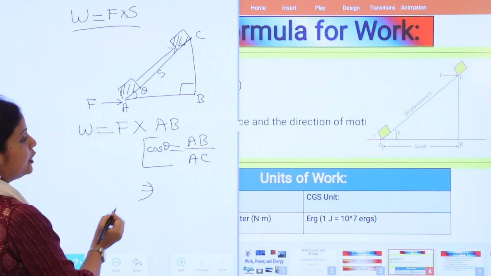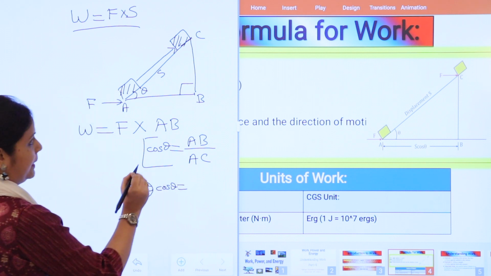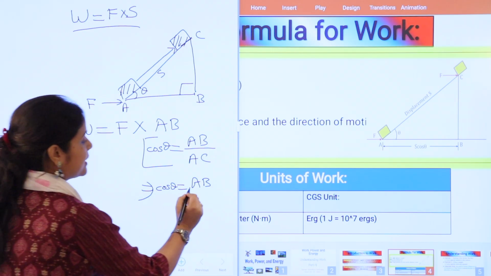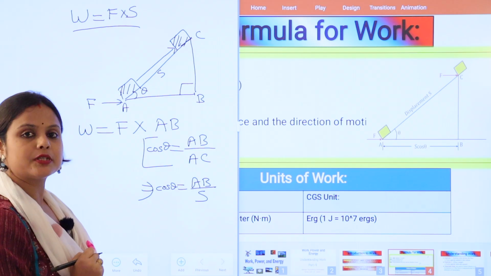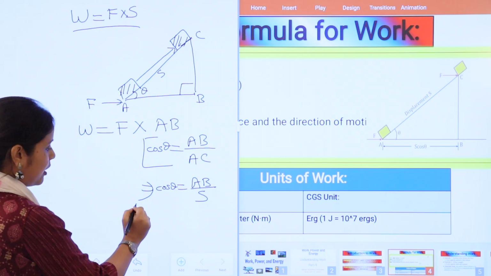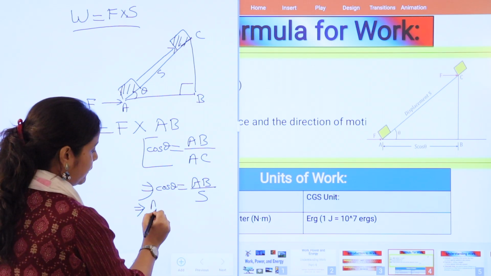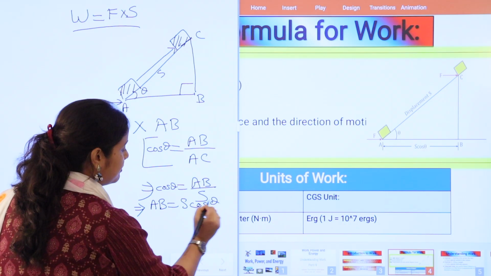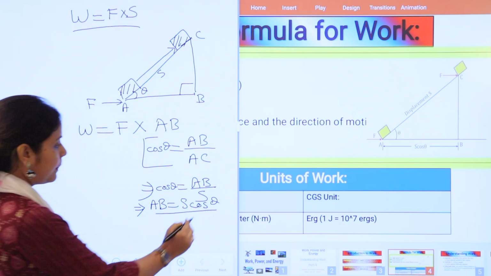Similarly, over here you can see that cos theta equals AB by AC. AB will remain as it is, whereas AC we consider as S, that is the actual displacement produced in that particular body. Now, let us cross multiply this. So, we will get AB as S cos theta. Students, it's so easy.